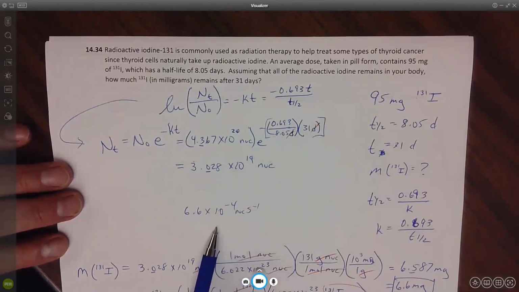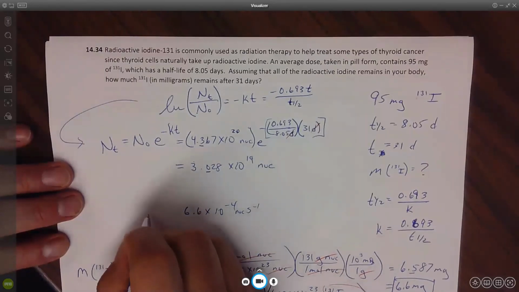But is this the rate constant? No, the Geiger counter measures the rate of disintegration or radioactive decay of the particles. So what is the variable for this? Let me say it again. A Geiger counter measures the rate of radioactive decay. What variable is this? The rate. This is the rate.